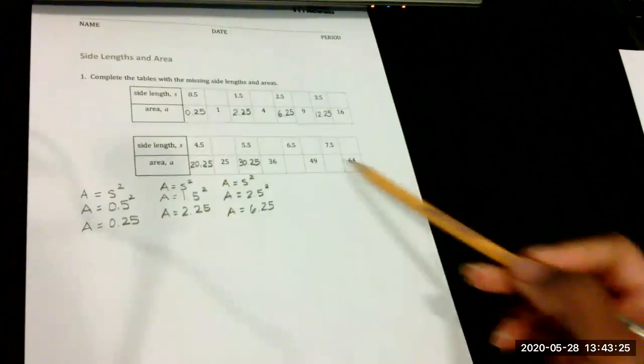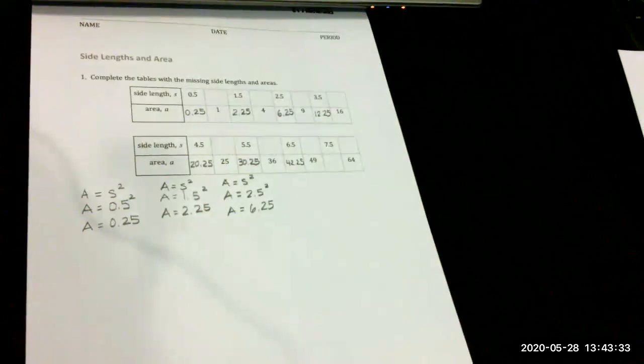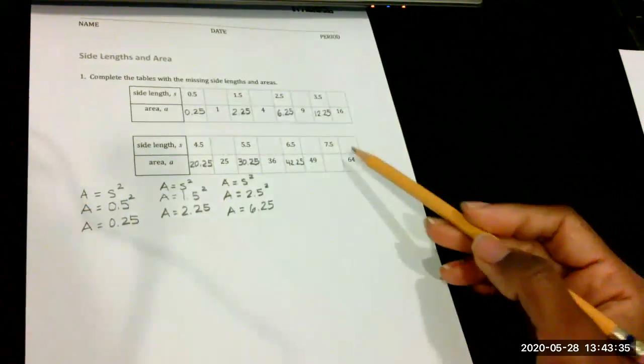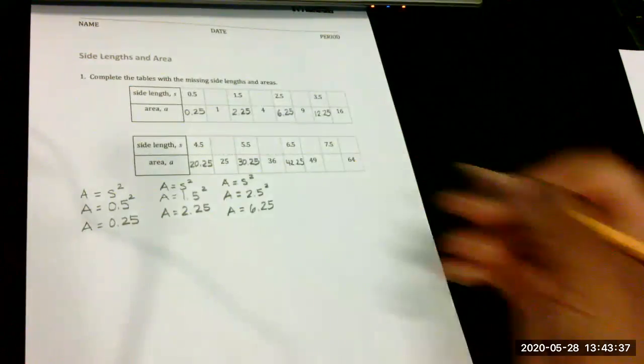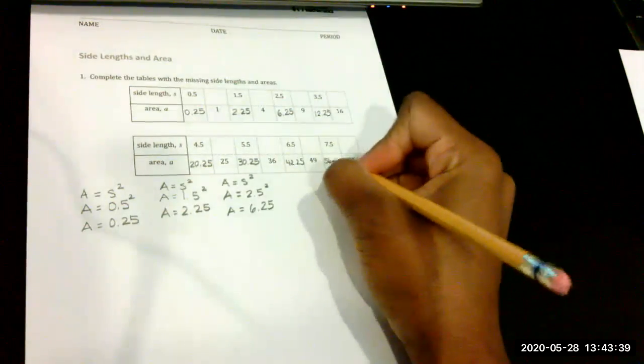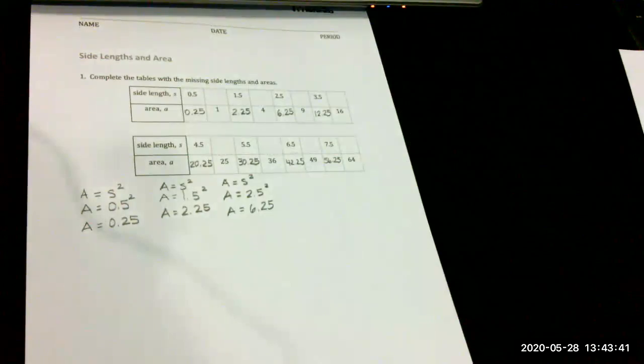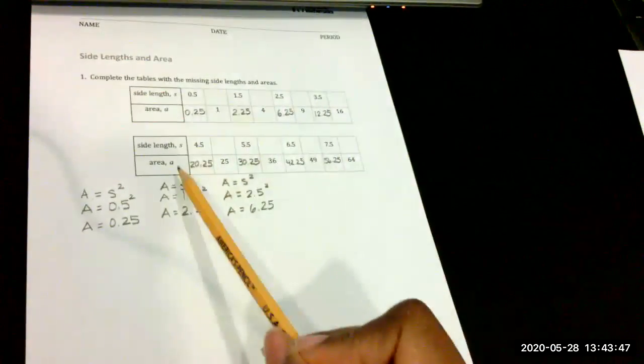When I did 6.5 times 6.5, I got 42.25. And then when I did 7.5 times 7.5, I got 56.25. So we can just make a conclusion that anytime you're given the side of a square, to find the area, all you have to do is square the side.